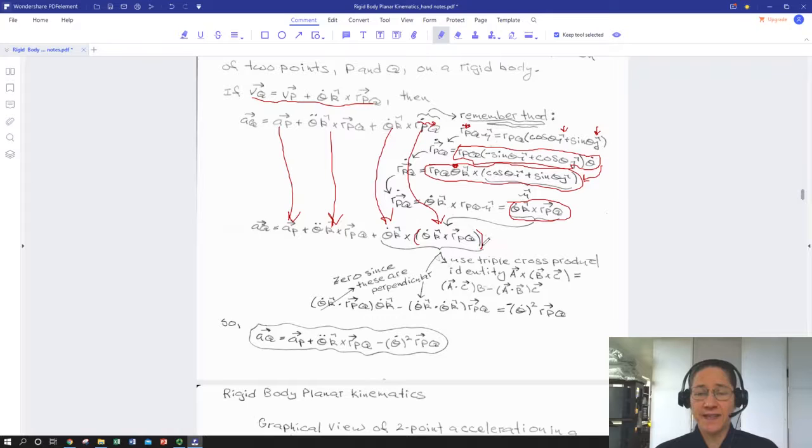If we apply this identity to theta dot k hat cross theta dot k hat cross RPQ, we end up canceling out some of the multiplicative terms, and we end up with just negative theta dot squared times RPQ, the vector RPQ. So this is the angular velocity of rigid body B with respect to reference frame F squared, and it's got a negative sign in front of it.